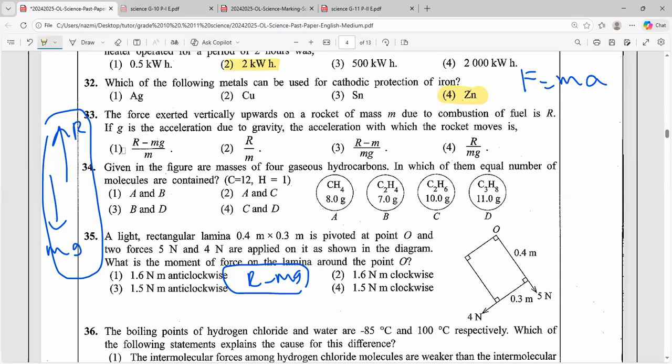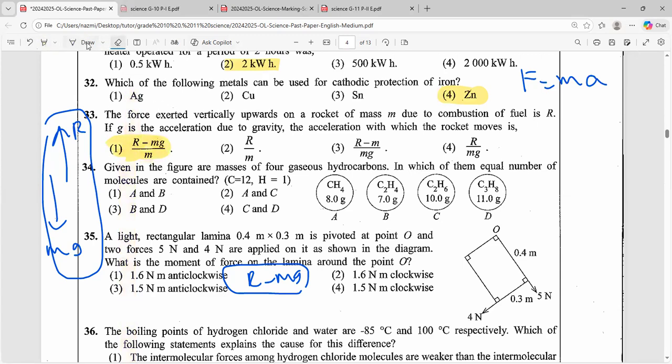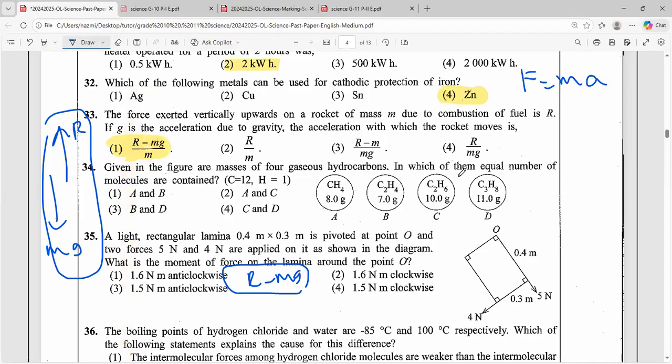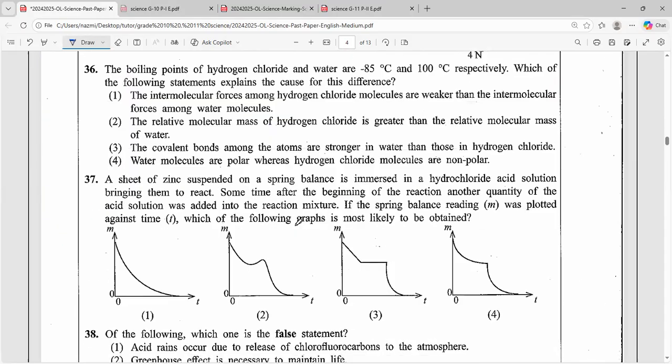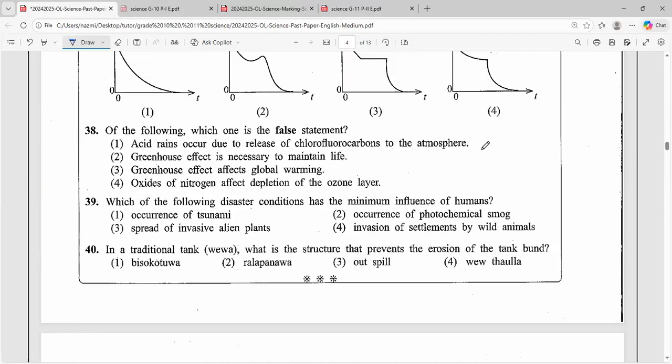Is that clear? Any doubt? If not clear, I'll tell again. Okay, so now we have the equation F equals ma. Here they are telling you to find the acceleration. To find acceleration, you need force and mass.